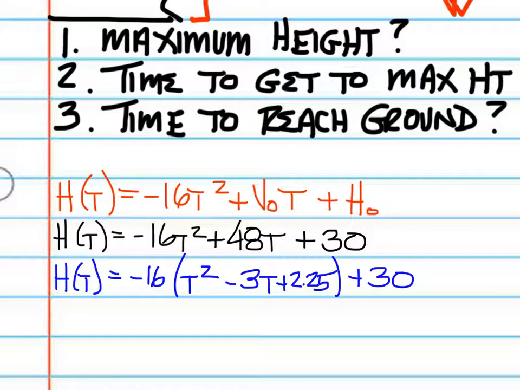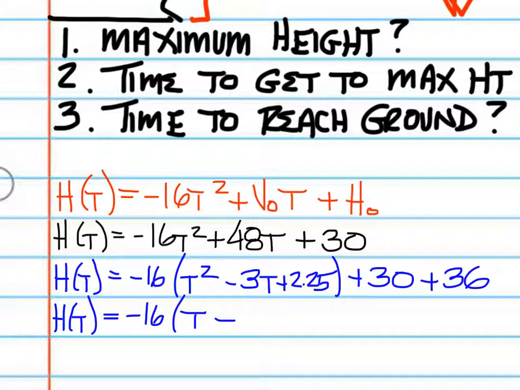Therefore, we have to add 36 on the outside. And then put it in the completed square form. Negative 16, parenthesis, variable, sign from the middle, half of the middle term, close the quantity, squared, and 30 plus 36 is 66.